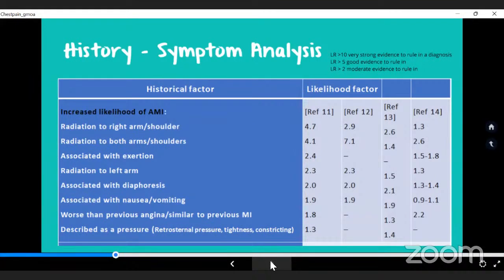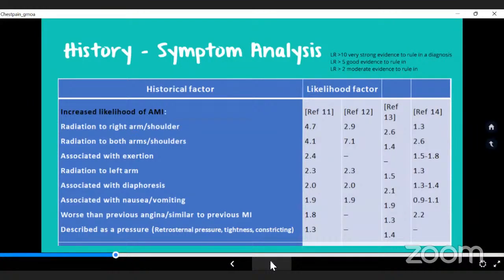According to the validated studies, there are typical findings which have increased likelihood of acute myocardial infarction, like radiation to the right arm, radiation to both arms, associated with exertion, radiation to the left arm, associated with diaphoresis, associated with nausea, vomiting, worse than previous angina or similar to the previous MI chest pain, a pressure-like chest pain. So that is how they present.